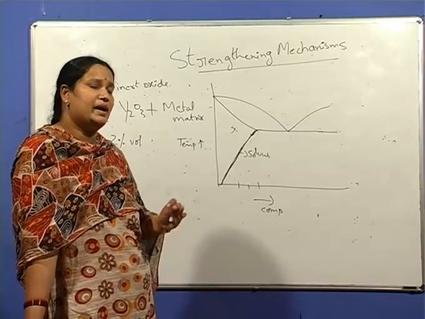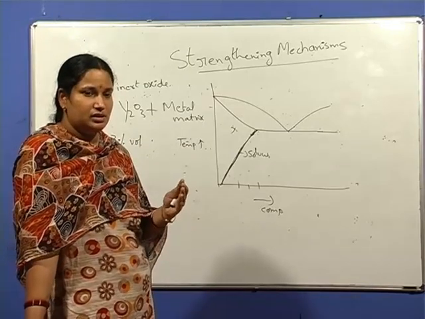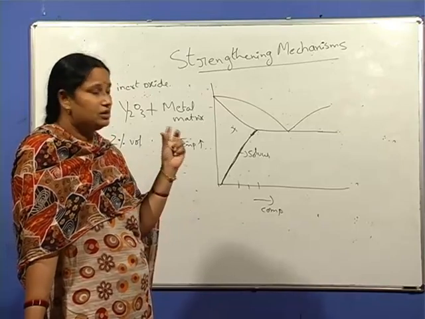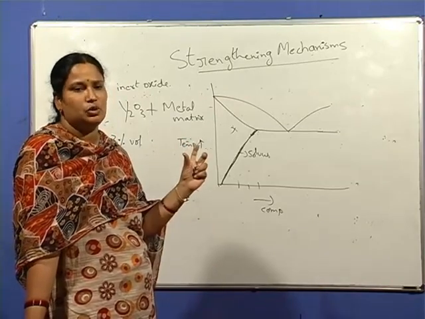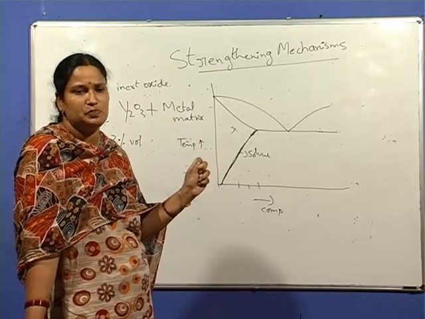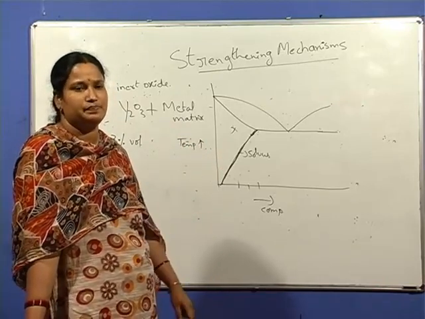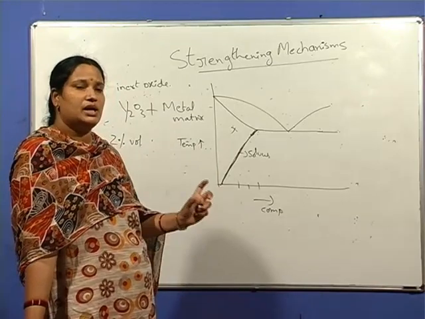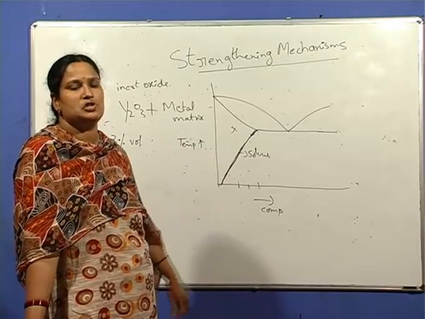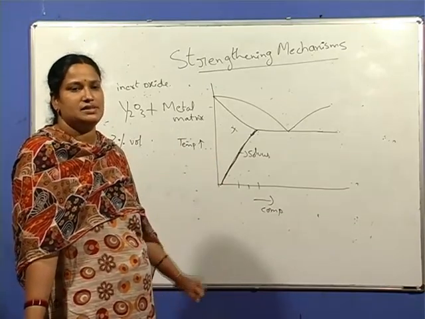And moreover, when compared in terms of strength, the precipitation hardening mechanism contributes to a greater strength when compared to the dispersion strengthening mechanism.